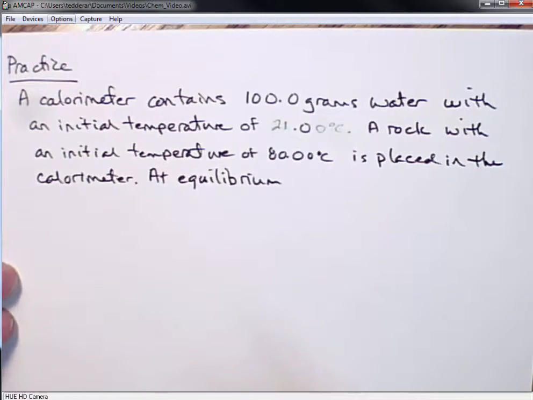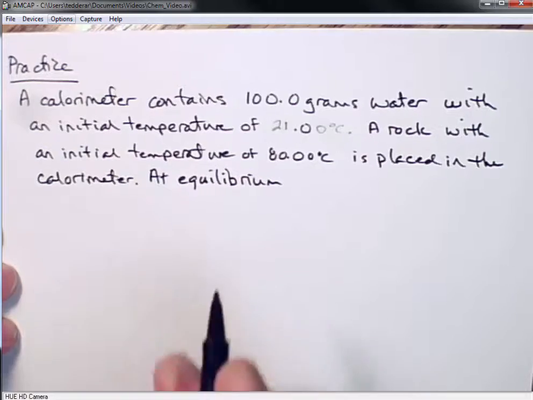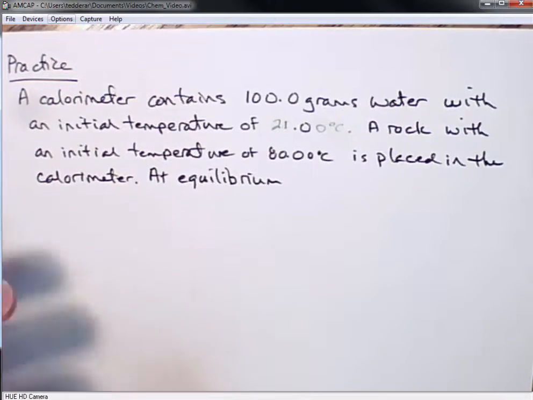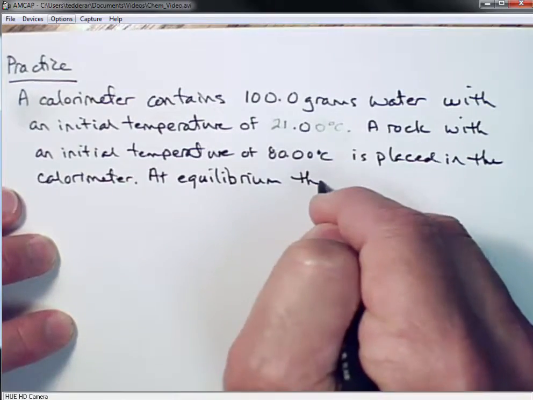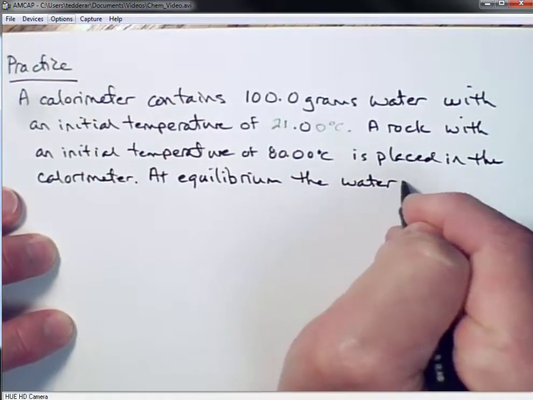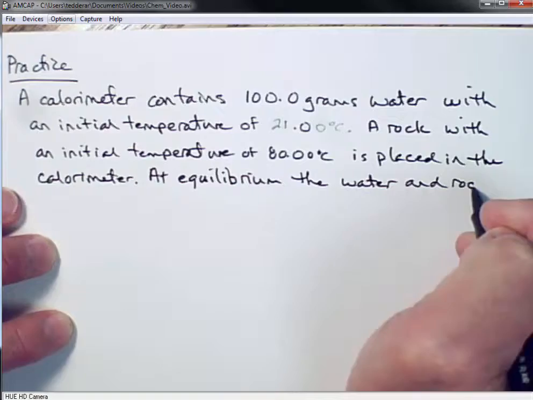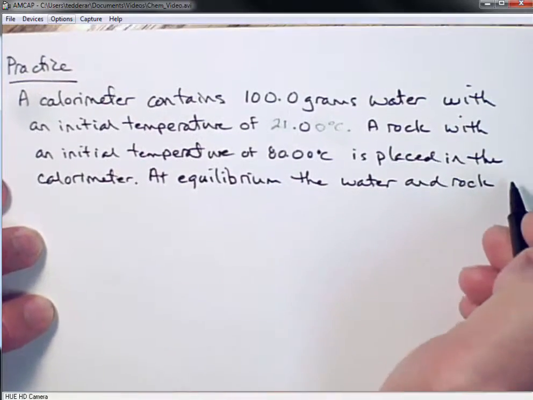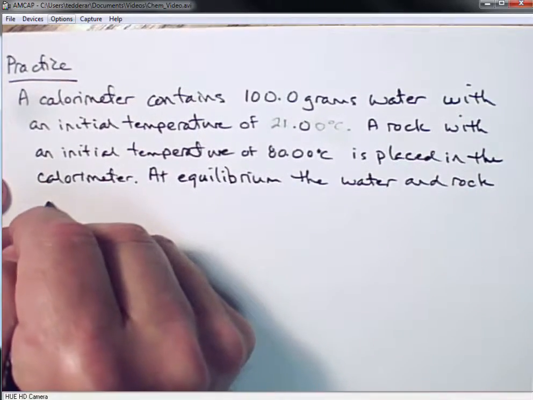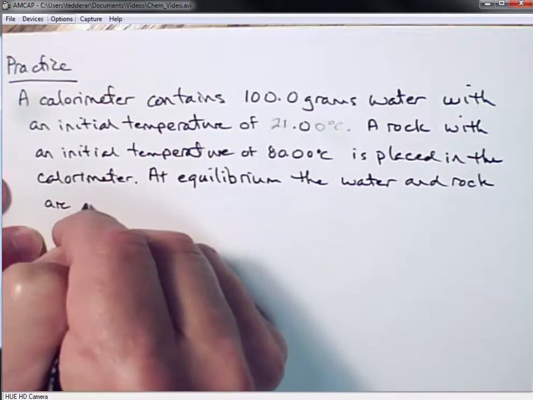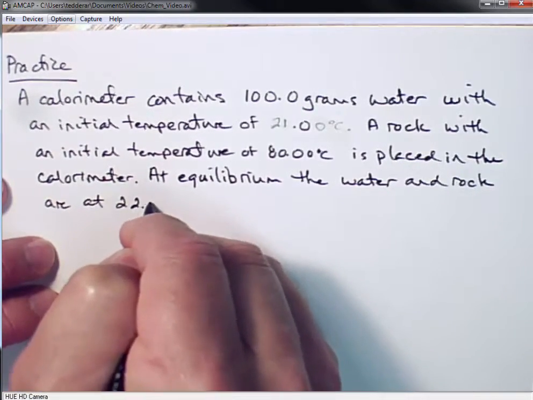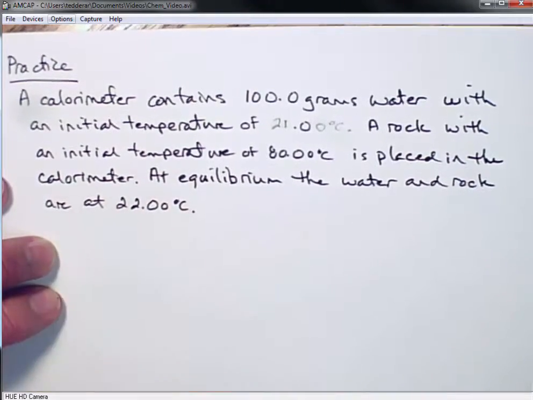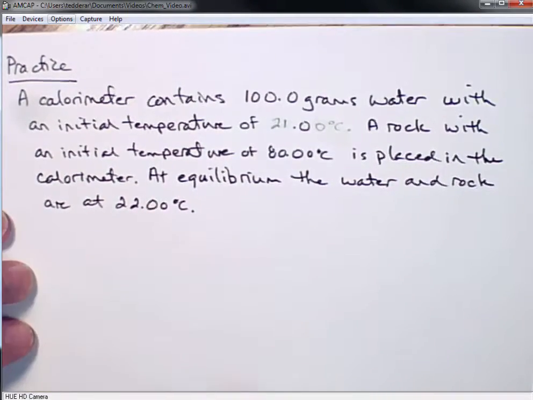All right? Later in the semester, we'll talk about something called a dynamic equilibrium. But right now, we're just coming to a same temperature, an equilibrium temperature. Okay? So at equilibrium, the water and rock are at 22.00 degrees C. Okay, that's our equilibrium temperature.